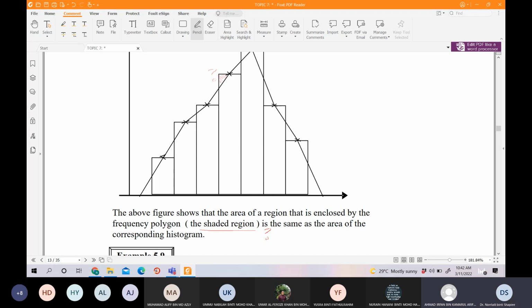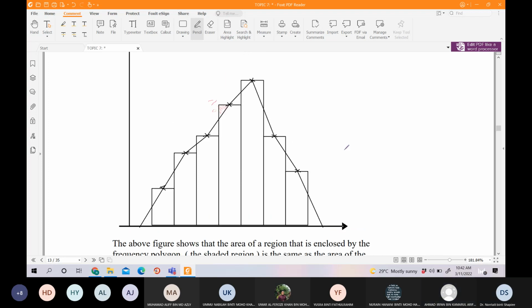No. Why not? Because the shaded region is the one below. So when we say shaded region, you have to consider the area below the frequency polygon. So this one, no. So the area of the shaded region is equal to the area of the histogram.